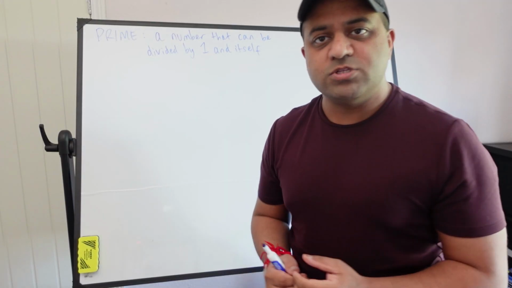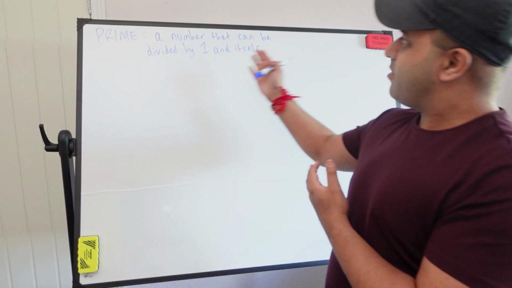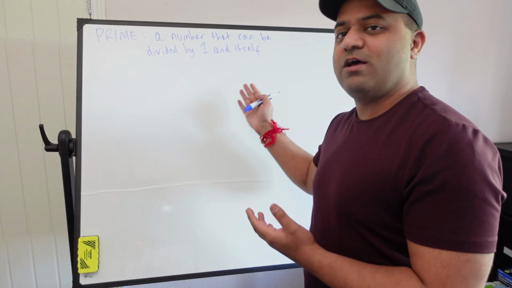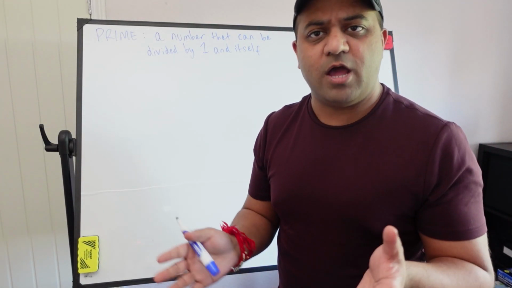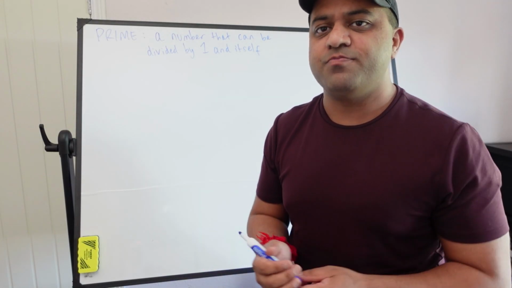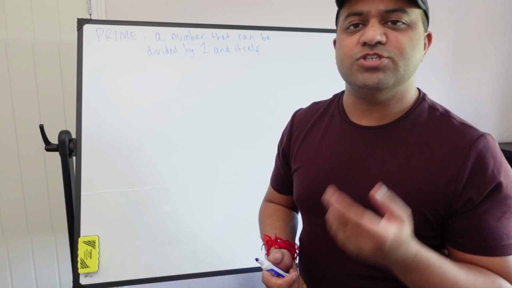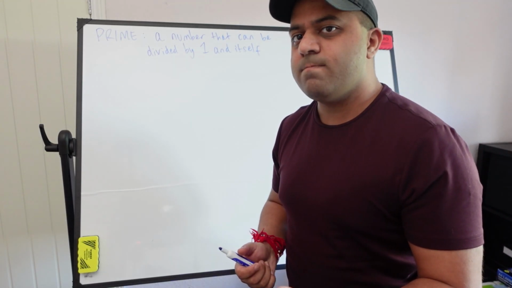So, your definition might have been something like this: a number that can be divided by 1 and itself. Or something like the factors are only 1 and itself. So then if I ask you, using that definition, what is the smallest prime number?